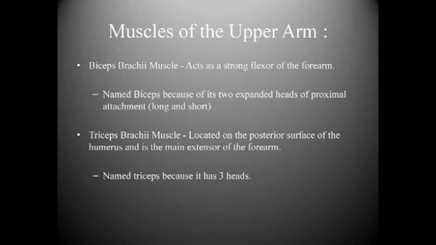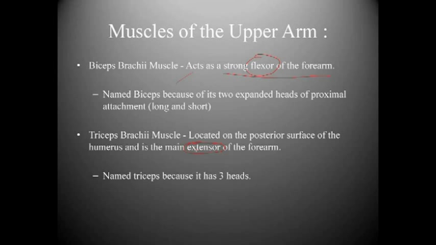So the muscles of the upper arm. We have the biceps brachii muscle, which acts as a strong flexor of the forearm. So biceps brachii is the flexor. It's named biceps because of its two expanded heads of proximal attachment, long and short. That brings us to the triceps brachii muscle. It's located on the posterior surface of the humerus and is the main extensor of the forearm.